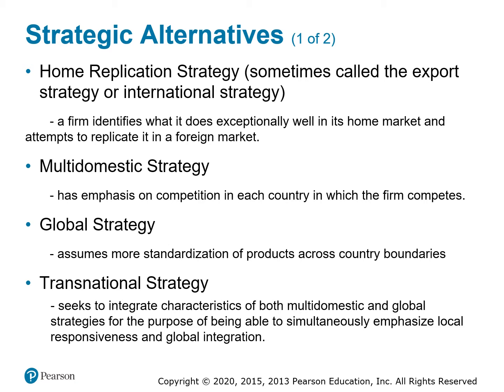Transnational strategy, which is another strategic alternative, seeks to integrate characteristics of both multi-domestic and global strategies for the purpose of being able to simultaneously emphasize local responsiveness and global integration.